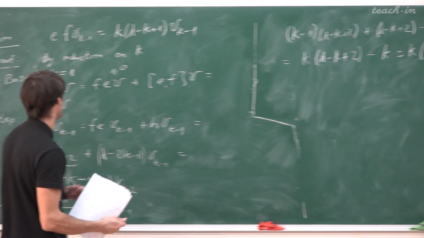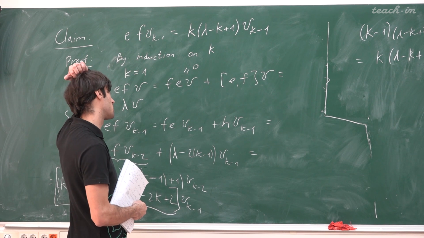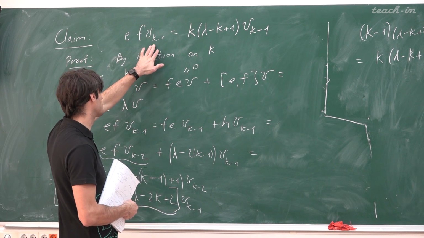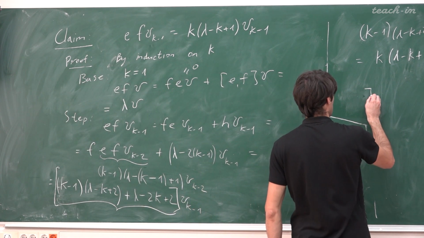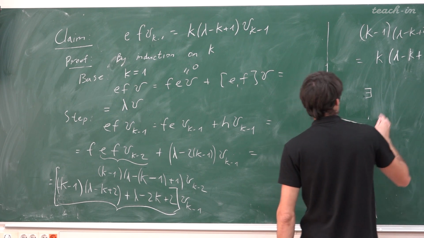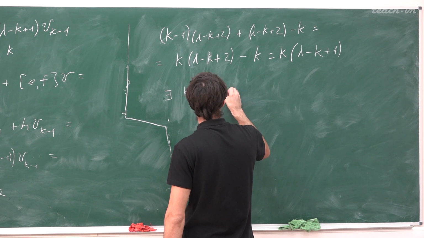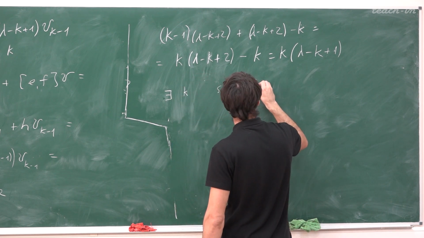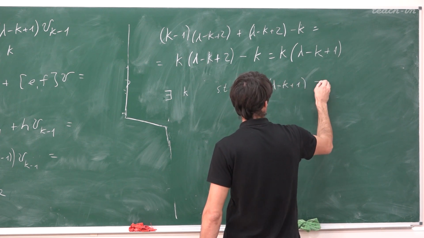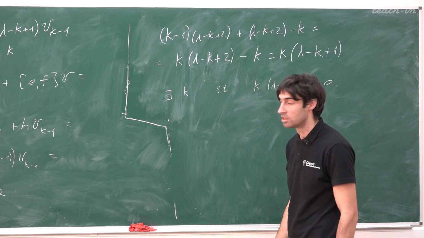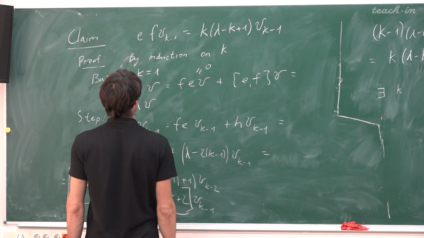But you see, this is for any k, and we say that there should be some k such that k times lambda minus k plus 1 is 0. So at some point, v k is 0.